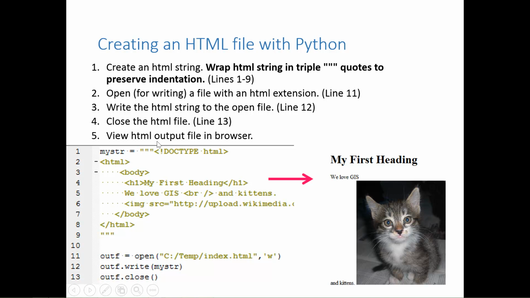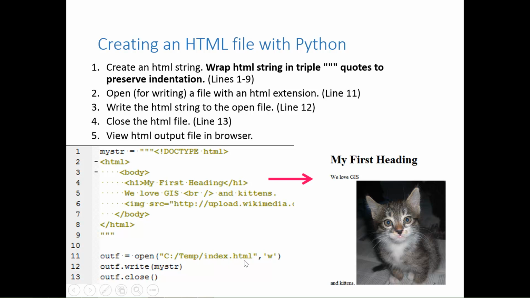We can create the HTML using a triple quote string, and then 2, we can open a file for writing using our standard built-in open function. Then we write the string that we've created, my string. We're just writing that to the file, and then finally we can close this file object with our close method. Of course, you could also use the with as approach. Then, once you're done, you can view the output that is created.